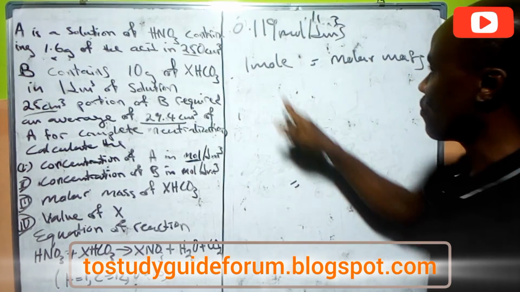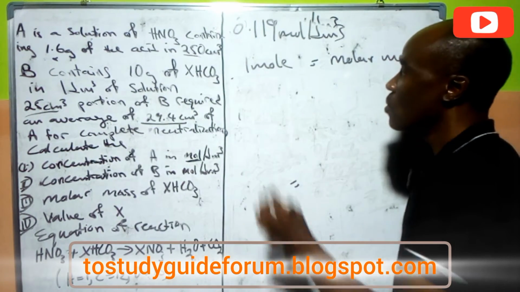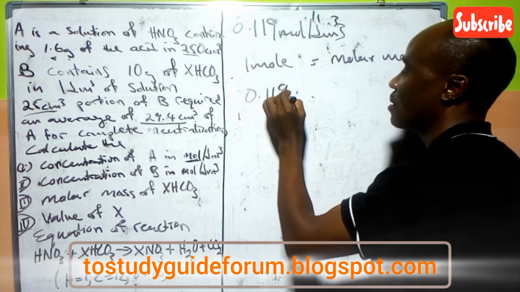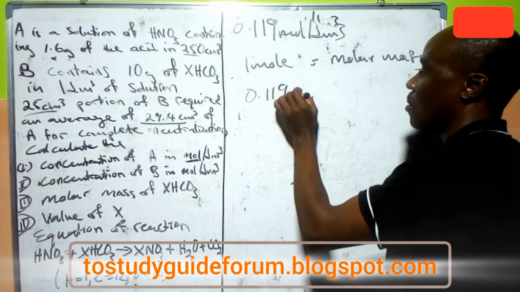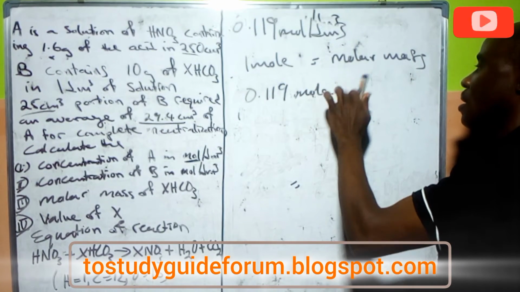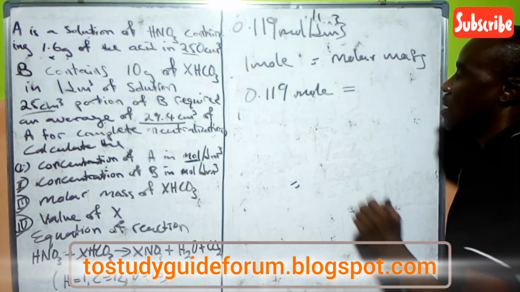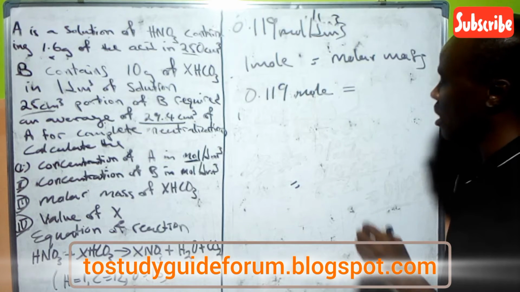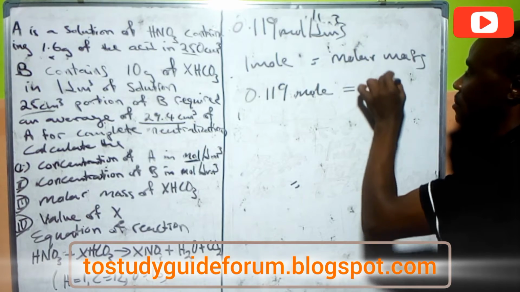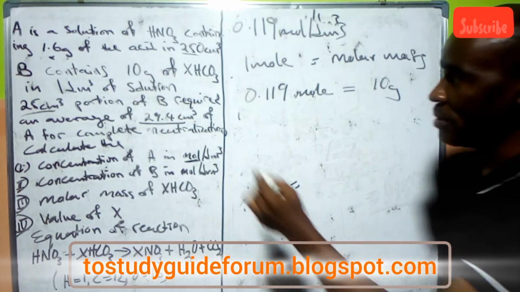Okay, let's start from what they're giving. That means 0.119 mole of the S hydrogen trioxocarbonate is equal to what? 10 grams. 10 grams we are given.